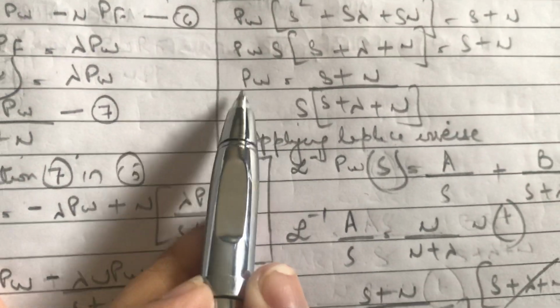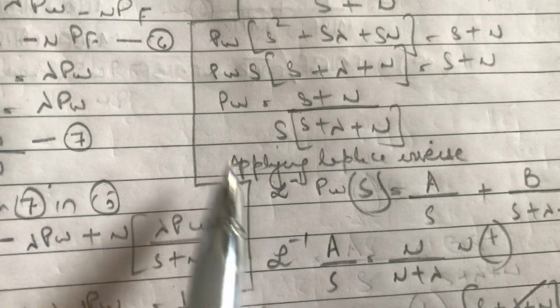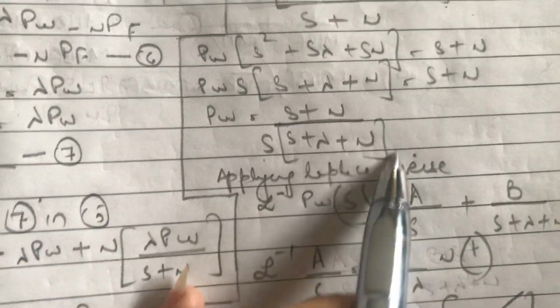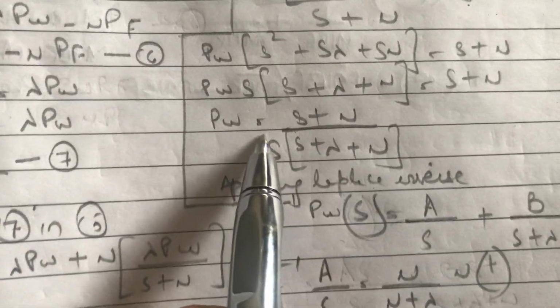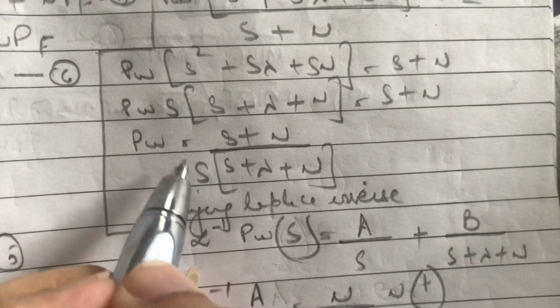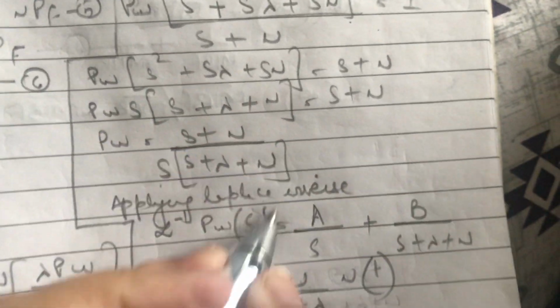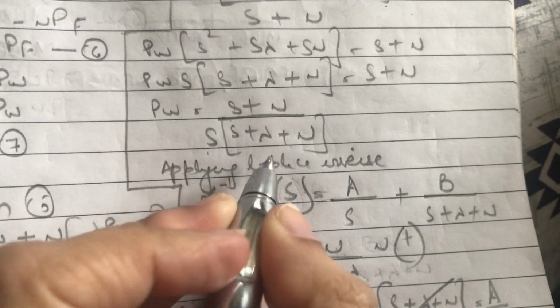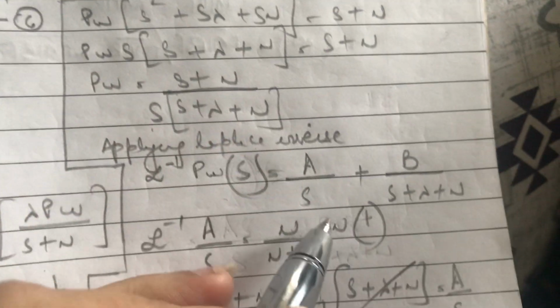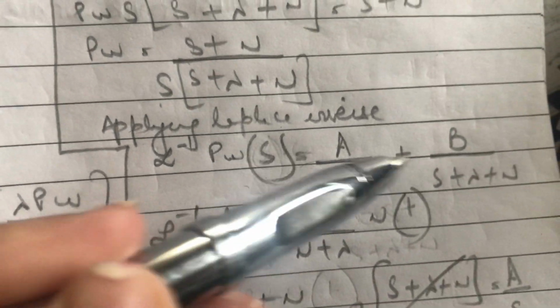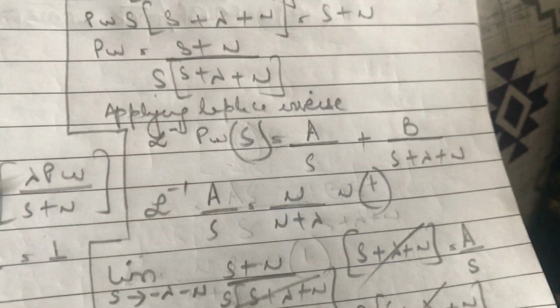You know how we can apply the Laplace inverse to this thing. We have the method for a over s plus b, this is going to be a and this is going to be b over s, you must be knowing it, that's how we solve these things.